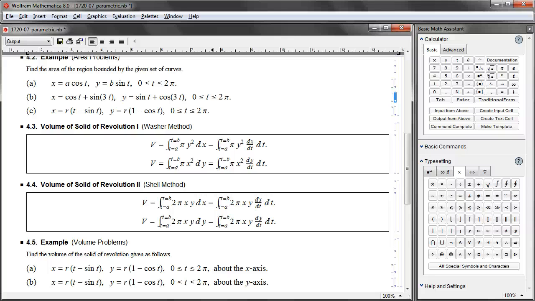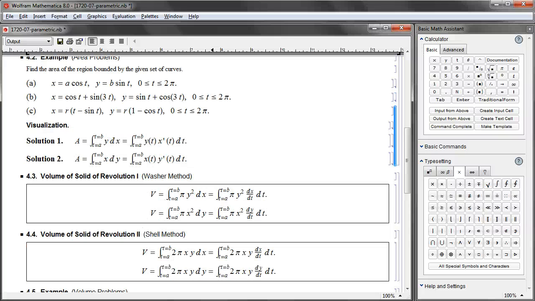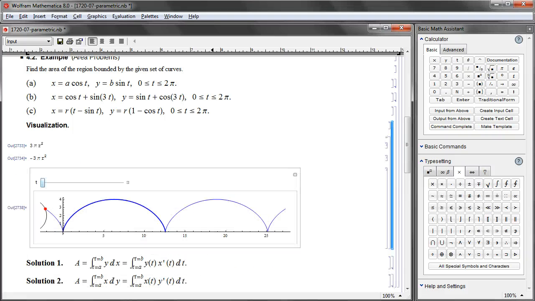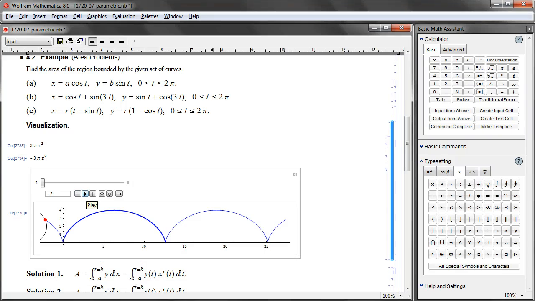Let's see, do we have enough time? Let's do a cycloid problem. Calculate the area underneath one arch of a cycloid here. t equals 0, and then all the way out to 2 pi.